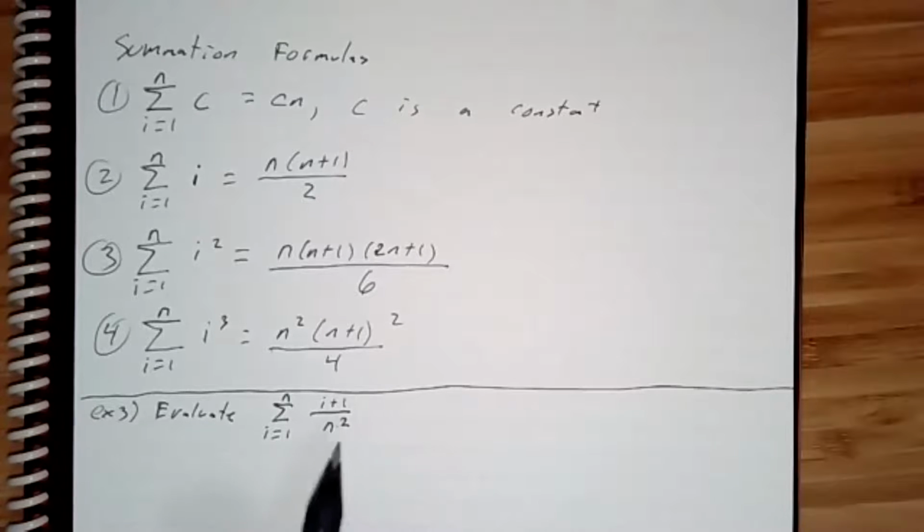Notice there's already an n in there. You can pull that outside, but it doesn't have the same index. If it was an i, the i's have to stay, but the n can come out.